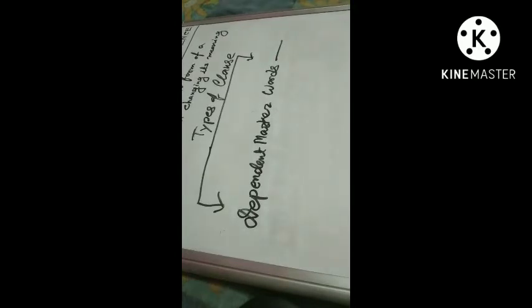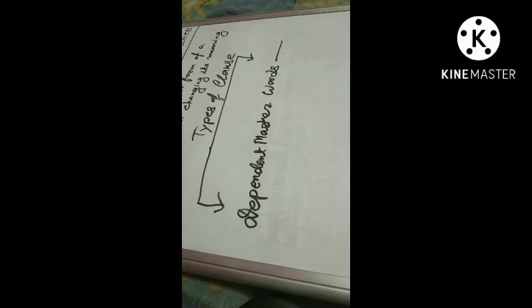A dependent marker word is a word added to the beginning of an independent clause that makes it into a dependent clause. I am repeating again. A dependent marker word is a word added to the beginning of an independent clause that makes it into a dependent clause.